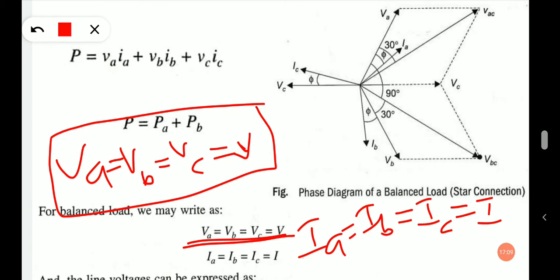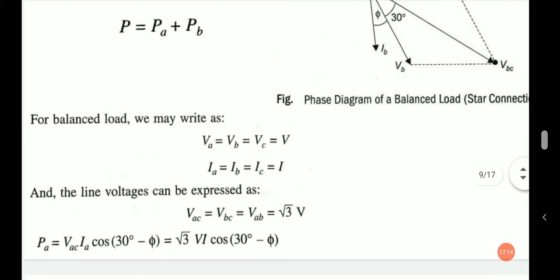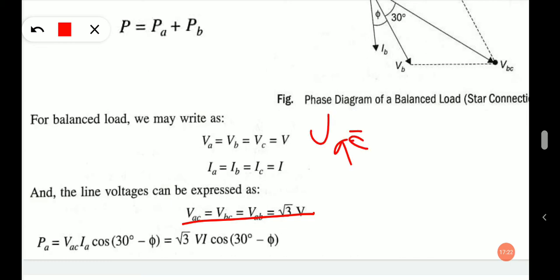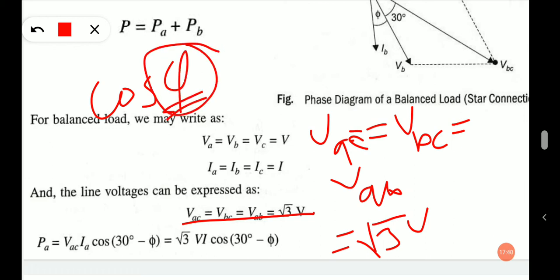And the line voltages can be expressed as VAC equals VBC equals VAB equals root 3 V. The power factor is equal to cos phi, where phi is the angle by which phase voltages lead the corresponding phase currents.